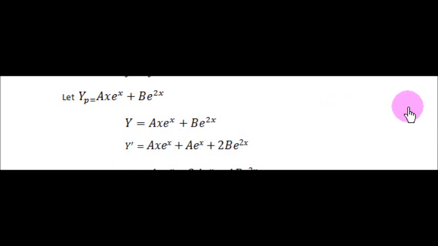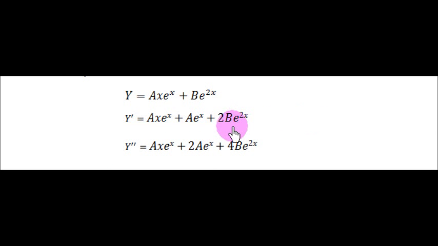So differentiate, we have y prime is equal to ax e to the x plus a e to the x plus 2b e to the 2x. Again, differentiate, so we have y double prime: ax e to the x plus 2a e to the x plus 4b e to the 2x. Now substitute this to our original equation.